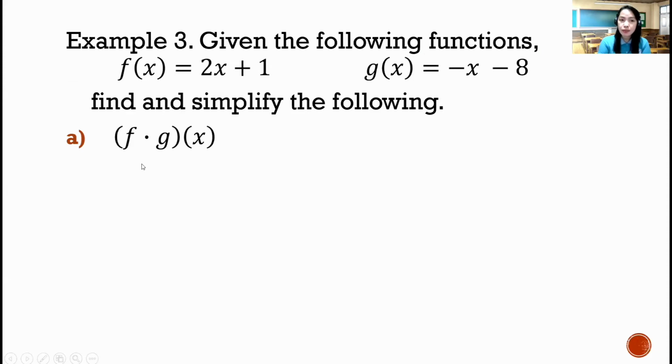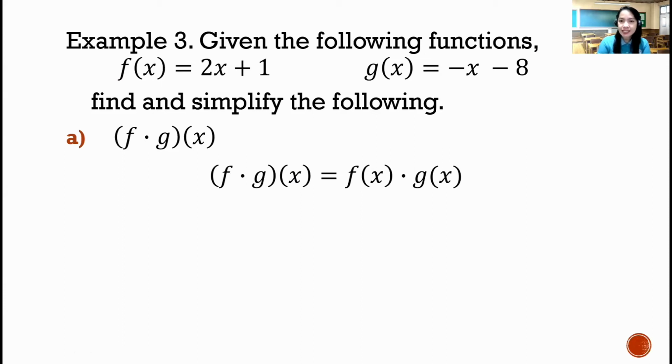Ang given na symbol ay dot, so meaning ang gagamitin natin na definition or operation ay multiplication on functions. Ang sabi sa definition, that this one or the given, that is equal to f of x times g of x. So our first step is to substitute for the given values of the functions.